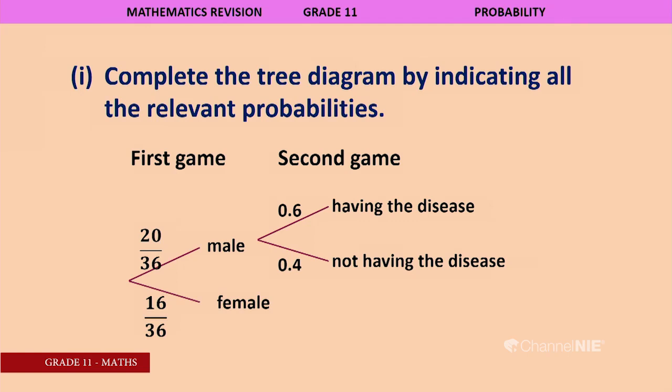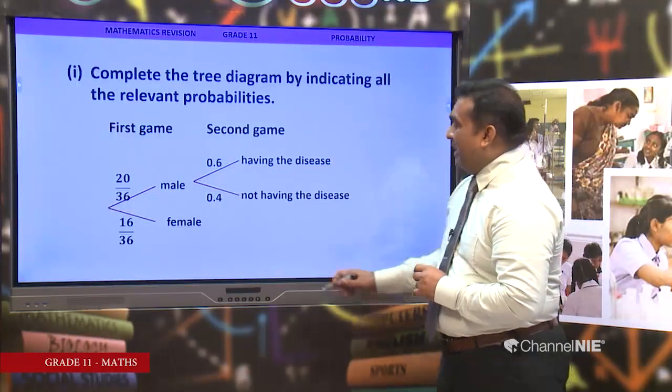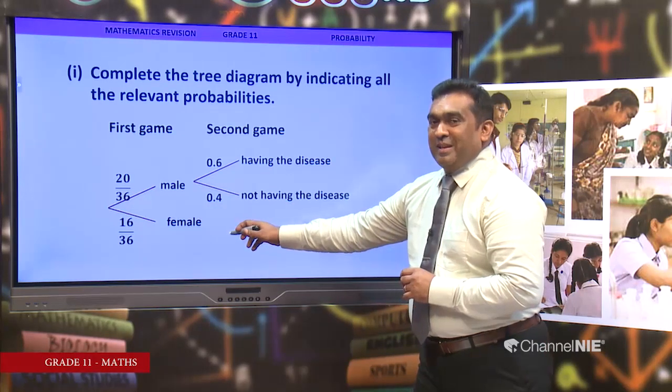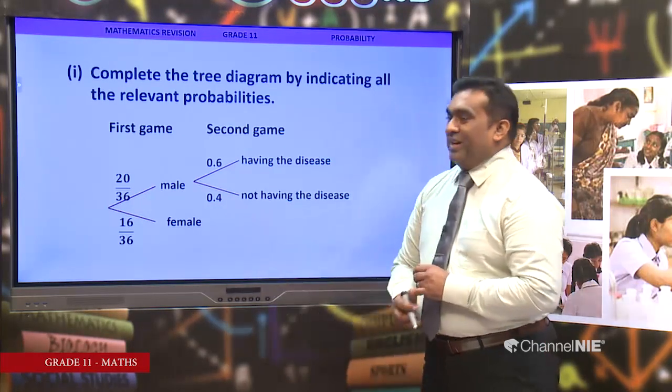Having the disease, not having the disease. Having the disease is 0.6, not having the disease is 0.4. Here all the females, it means 1, probability of this part is 1.